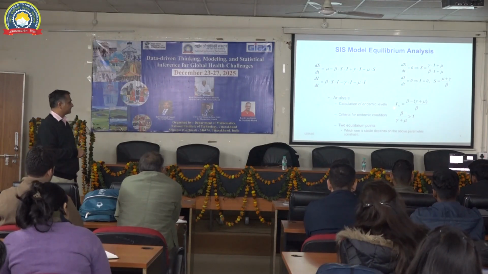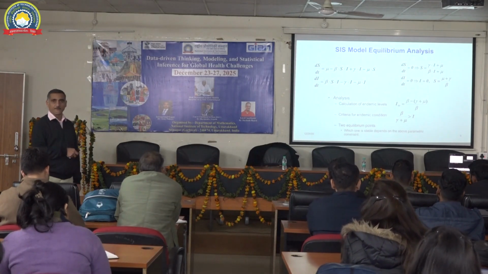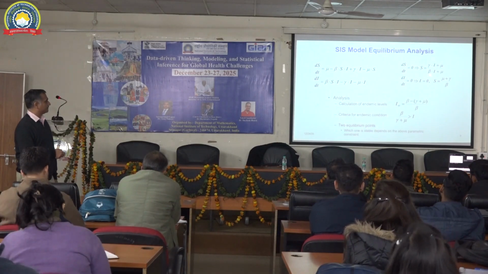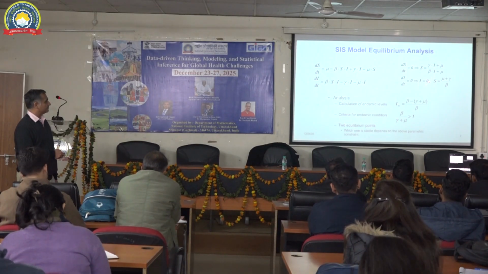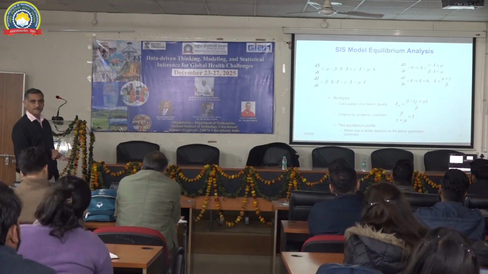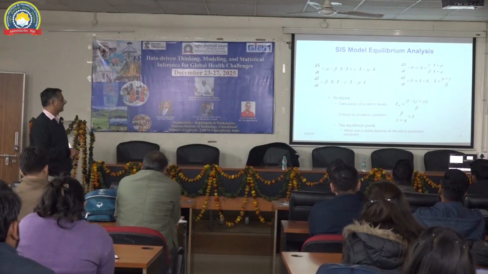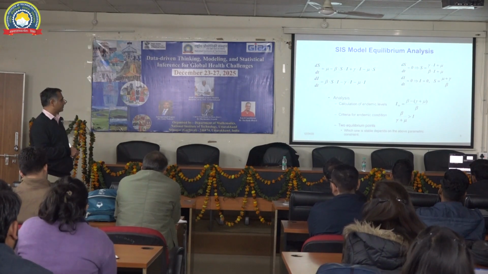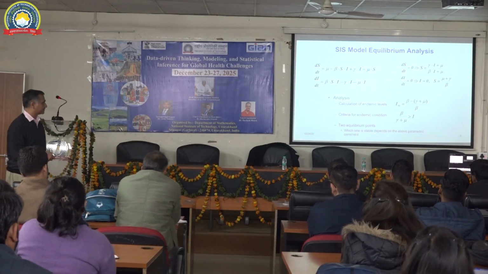Okay, and basically this is an R0. This is one way of computing an R0. This is not the only way. So there are two equilibria: one when I is 0, and the other one when I is this, and this condition holds. Okay, these two are the equilibrium solutions. One is a disease-free equilibrium solution and one is an endemic equilibrium solution.